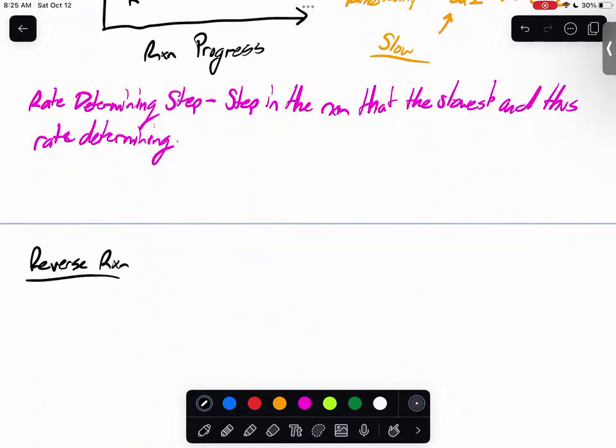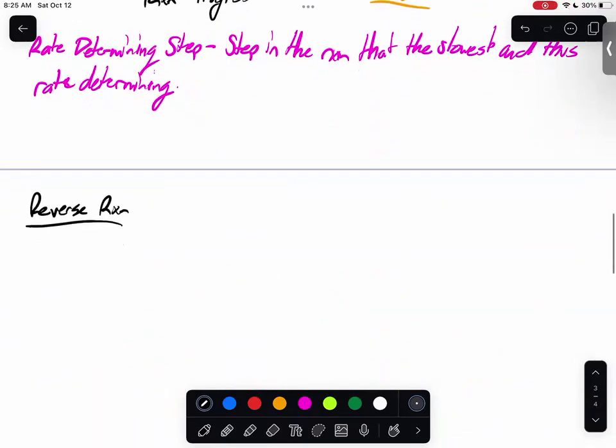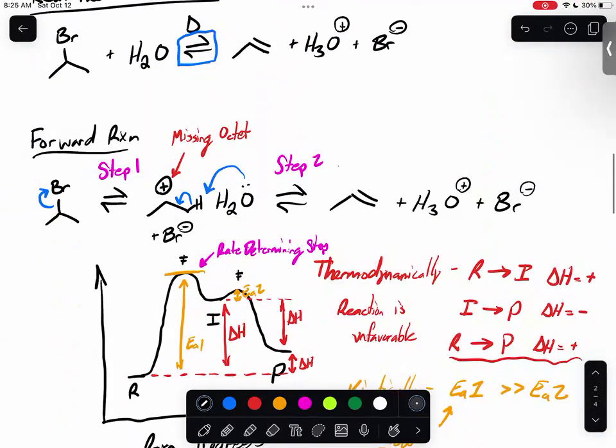For the reverse reaction, we're actually going to start on the product side. We're going to have this guy with some H3O plus, which I'm actually going to fully draw out here, and some Br minus that'll come into play in just a second. So for this reaction, in the original forward reaction, what we saw was step two was that the H2O was taking a proton from the alkane, forming the alkene.